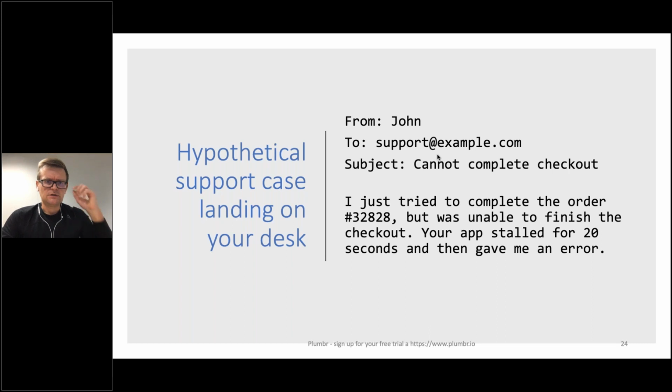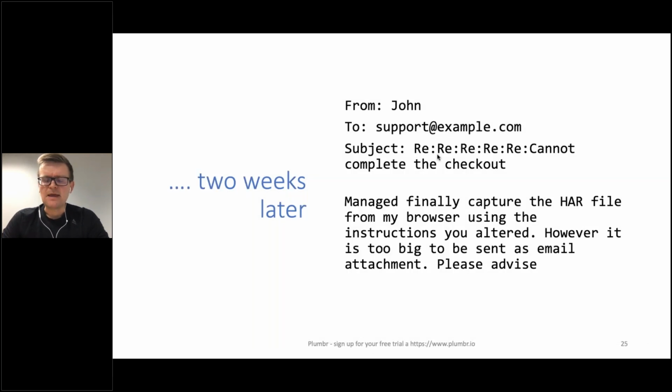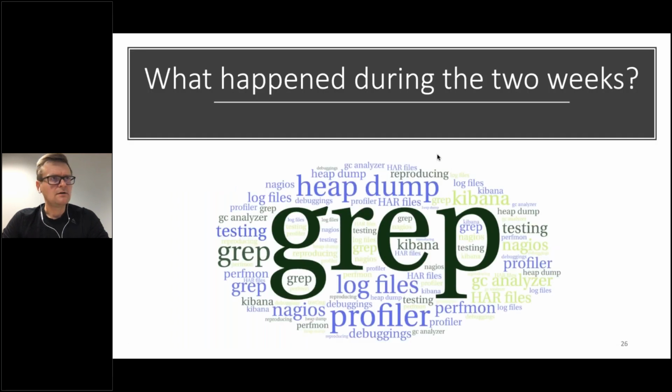Going back to this hypothetical support case that we started with, John is writing us about the problem he's presumably having. I guess each and every one has seen the situations where those claims actually have no evidence anywhere in the logs, in the metrics that are captured. But let's see, maybe the distributed tracing will give us a different answer than what I see being used in situations where no distributed tracing is in place.